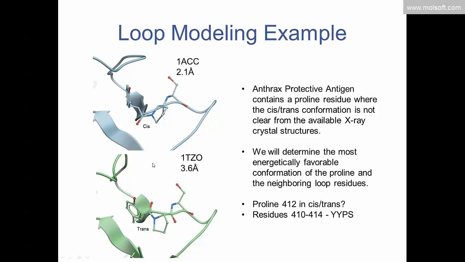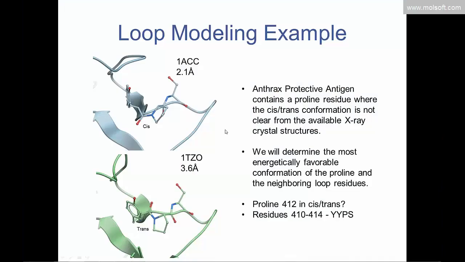You might be a bit suspicious of this, but if you run the full simulation of this loop region, you do find that the most energetically favorable conformation of this proline is actually the cis conformation. So how do we do that practically in ICM?